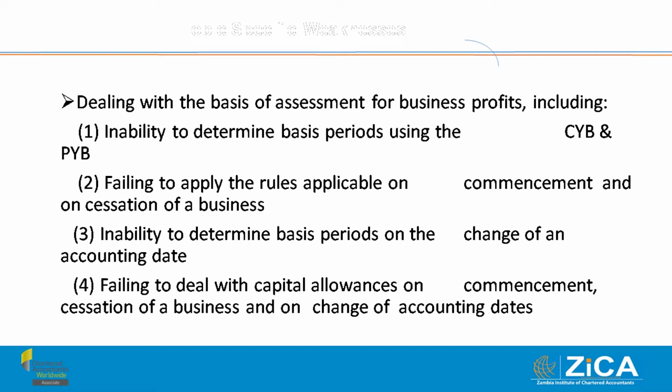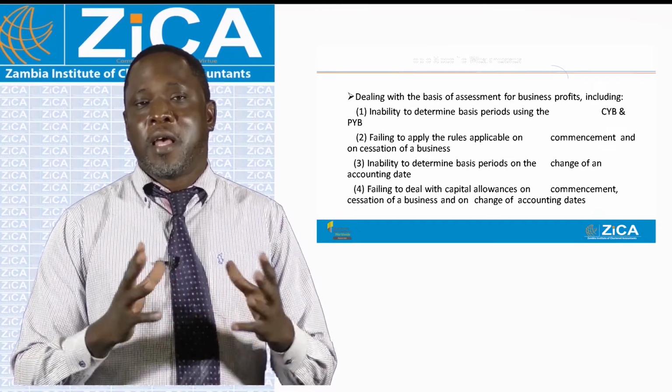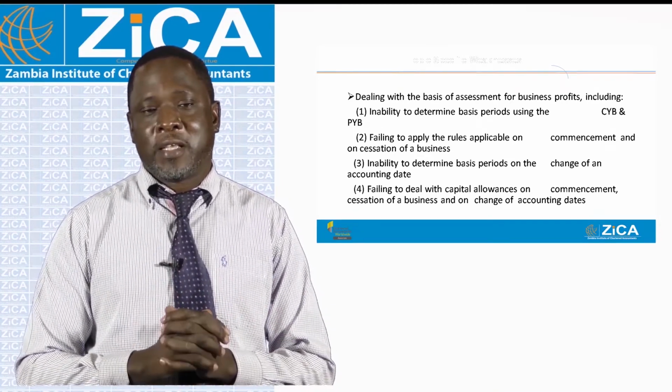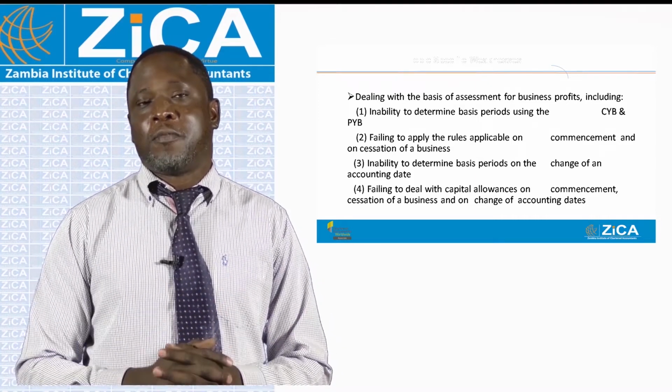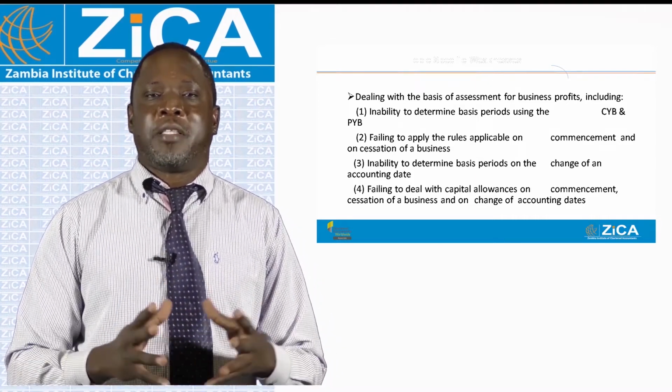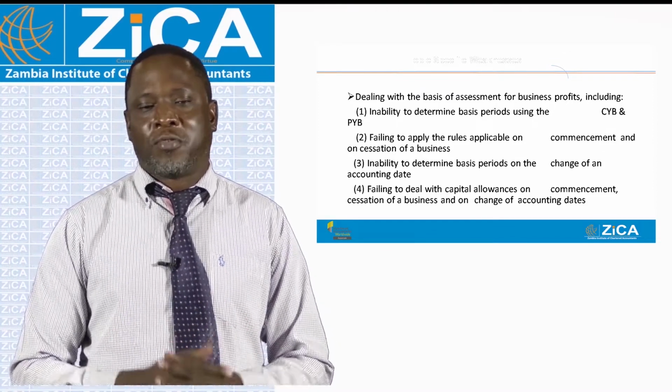Another topic where students normally face challenges when attempting this paper is dealing with basis periods and basis of assessment. Students fail to determine the basis periods using the current year basis of assessment as well as the preceding year basis of assessment. They fail to deal with basis of assessment when dealing with a business which has stopped trading.